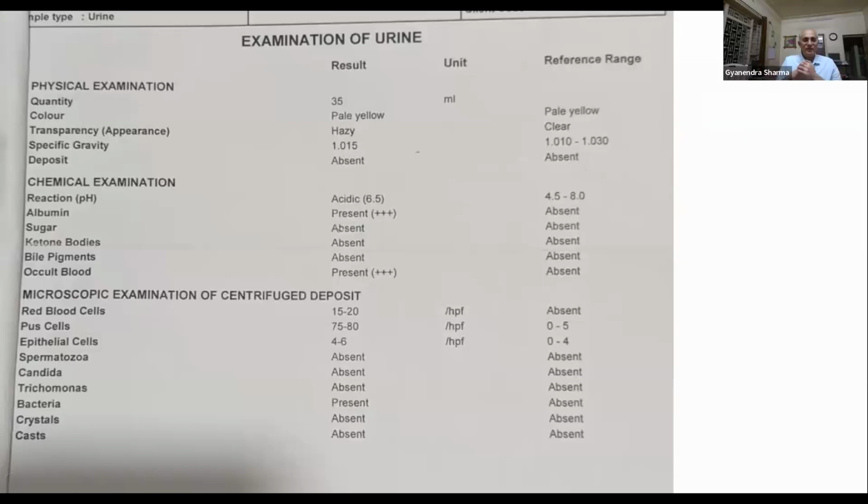This is the urine report. It shows 5 to 20 RBCs per high power field, WBC 75 to 80 per high power field. There is protein present in the urine, and bacteria is also present.